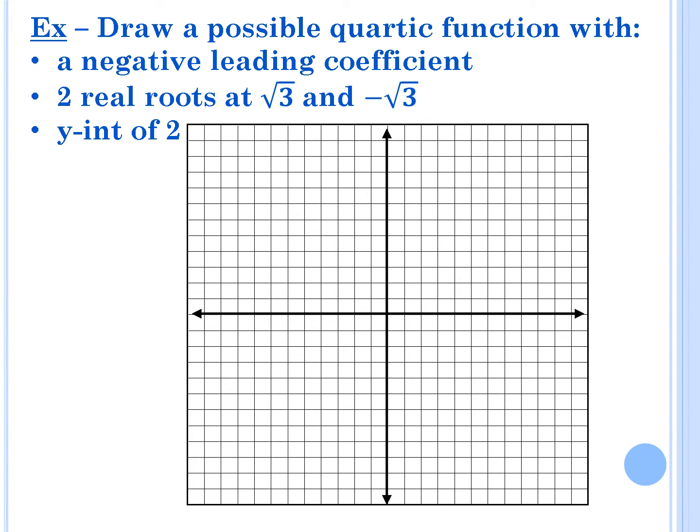Okay, let's flip the tables here. Instead of us picking a possible equation, we're going to draw a possible function with the given information. Is this going to be exact and specific? Exactly no, because it's just a possible one. They didn't give us everything, so we can do a sketch, but they didn't give us enough to determine some other pieces.